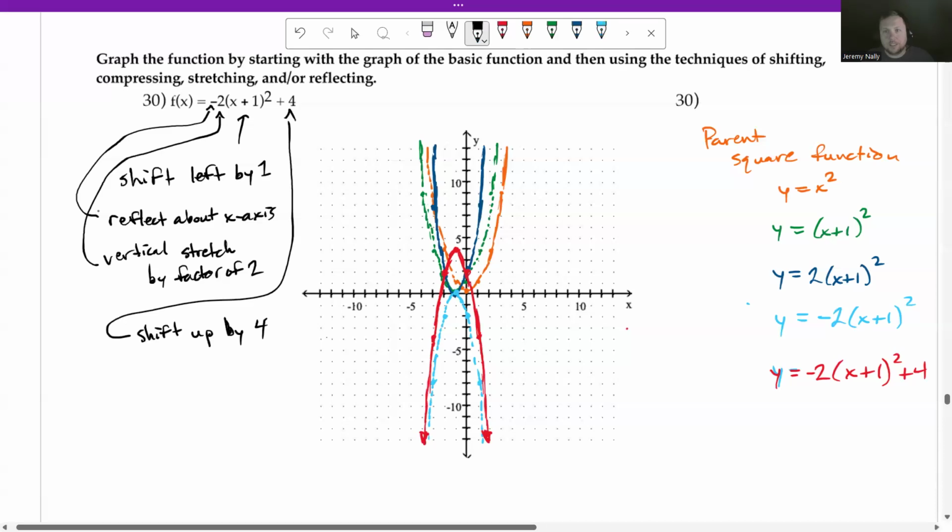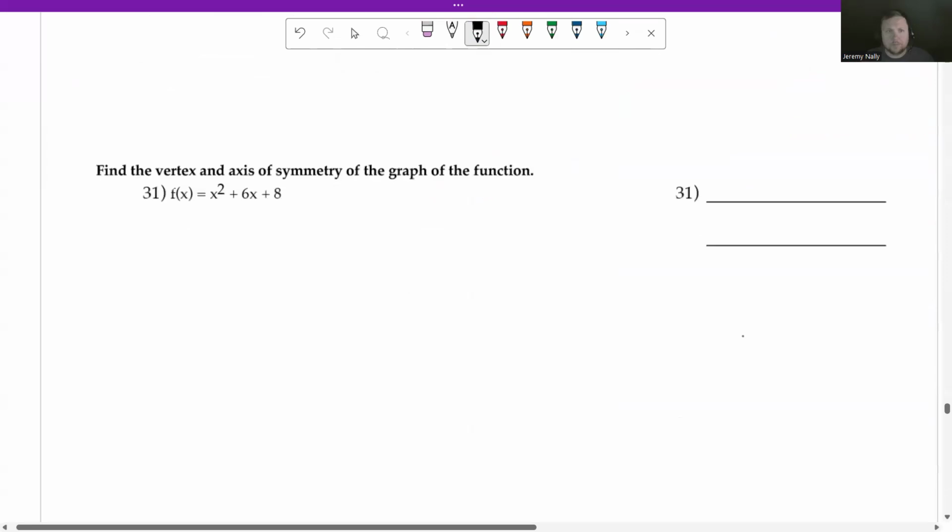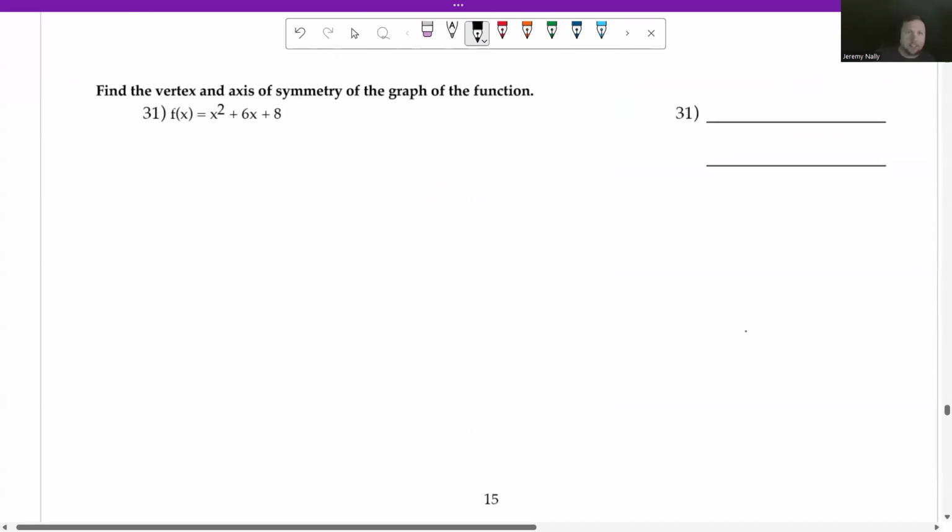All right. Find the vertex and axis of symmetry of the graph of the function. You could either use that -b over 2a formula, or you could complete the square.